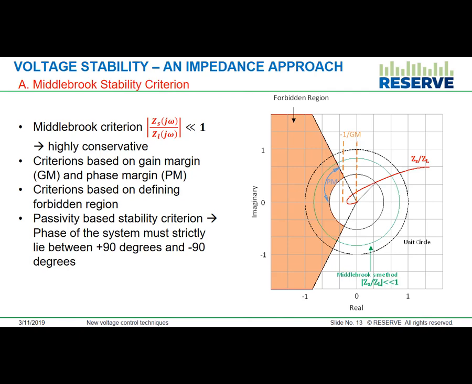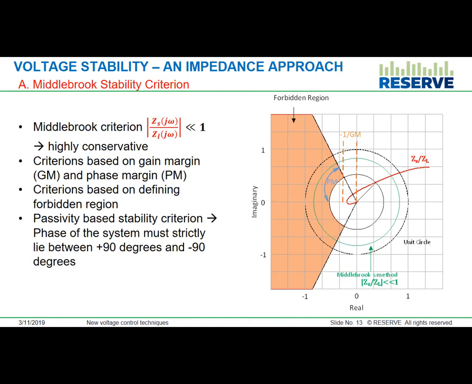Or some criteria try to use a combination of both. So then you say that the minimum gain margin is this much and the minimum angle is so much, then take the intersection, then you get this forbidden region. So it's a much more relaxed criterion. The plot can lie anywhere, just don't go into this forbidden region. So that's another criterion based on that.